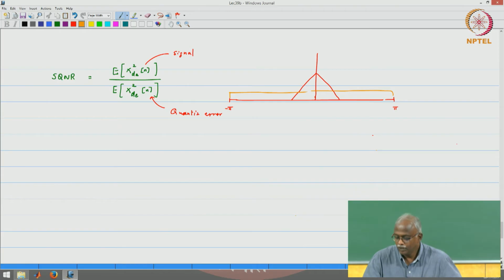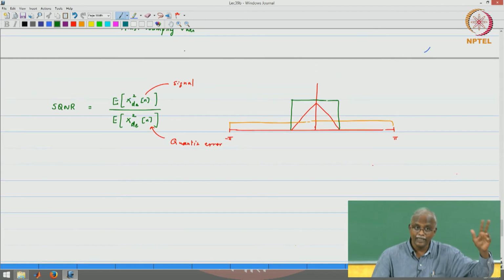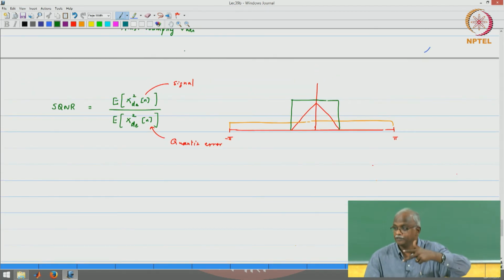Okay. Now, what does the digital anti-aliasing filter do? It is going to ideally remove a portion of this. Okay. Did the combination of the anti-aliasing filter in the analog domain and the anti-aliasing filter in the digital domain do anything to your signal?